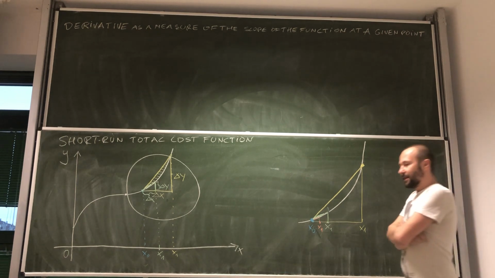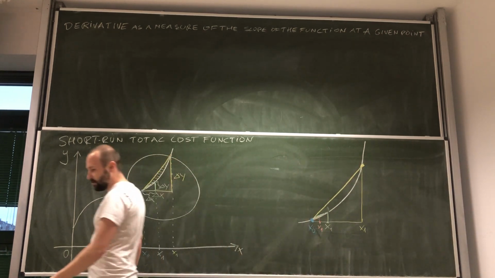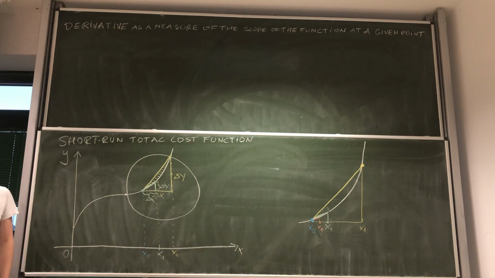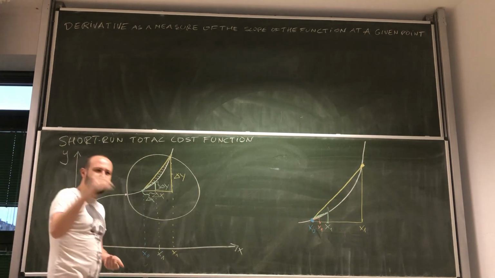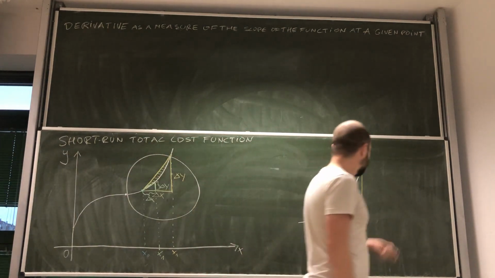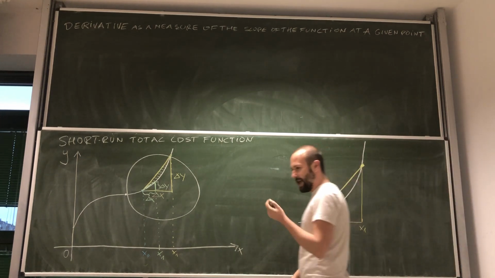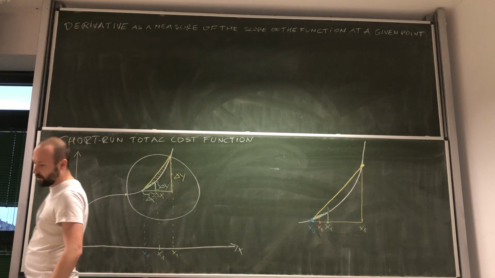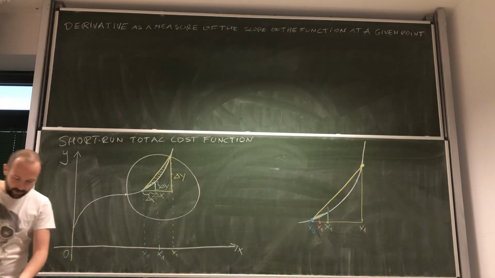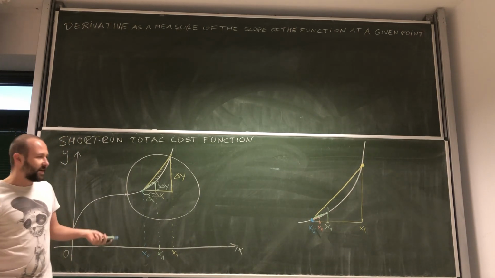So again, let's go back to what we said about derivatives. In order to eliminate this measurement error, what do we need to do? Well, maybe the change in x we're going to exploit should be extremely tiny. How tiny?